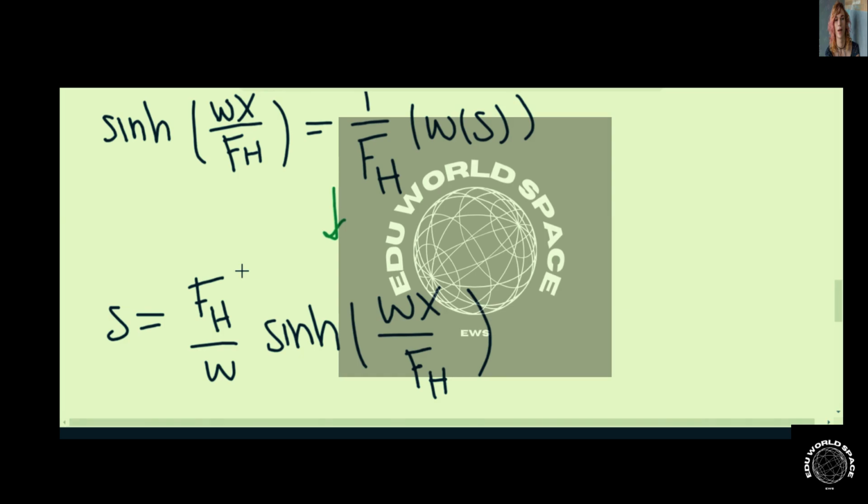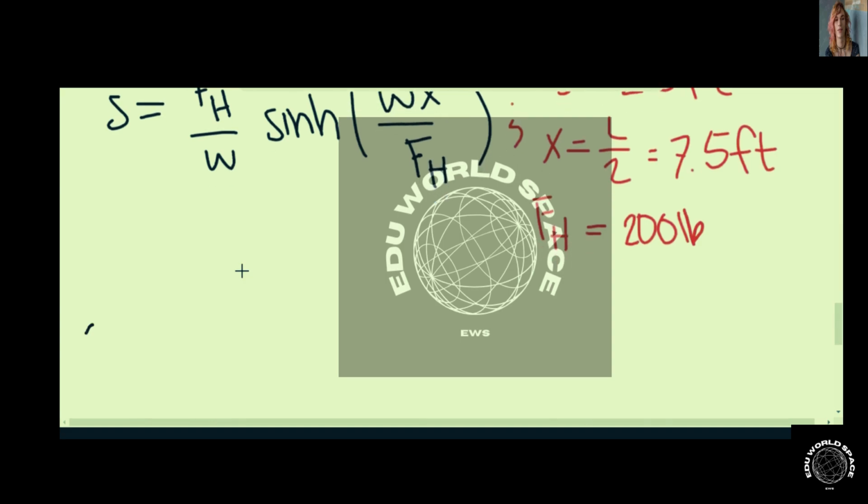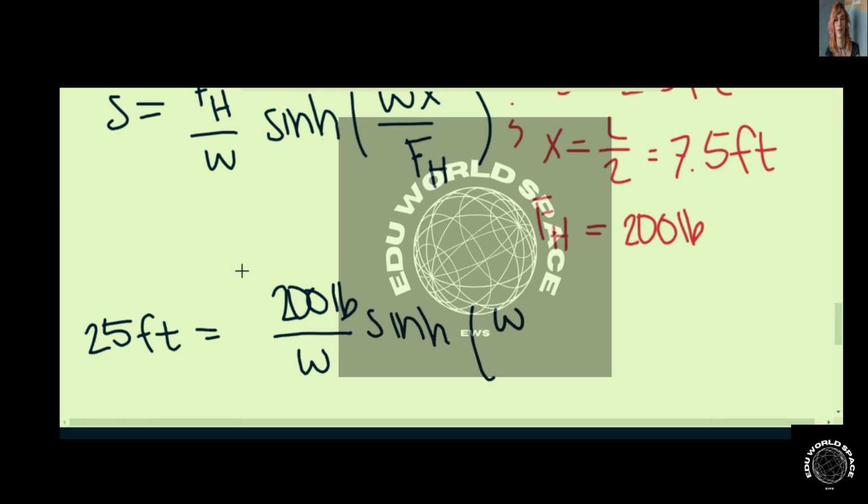By evaluating this equation at the origin from one end of the cable where s equals 25 feet and where x equals half the length between the 2 points, which is 7.5 feet, and where f sub h equals 200 pounds, which is exactly what we solved for earlier, our new equation is 25 feet equals 200 pounds over w times the hyperbolic sine of w times 7.5 feet over 200 pounds.